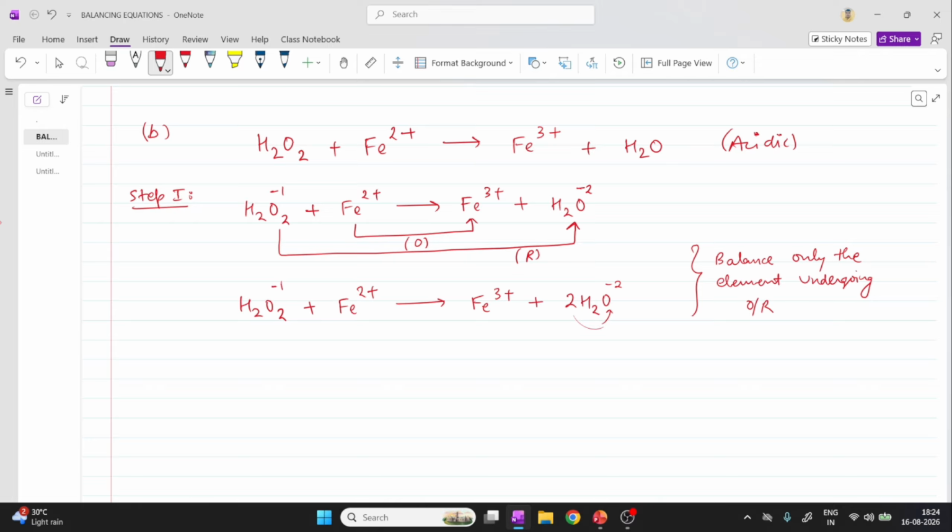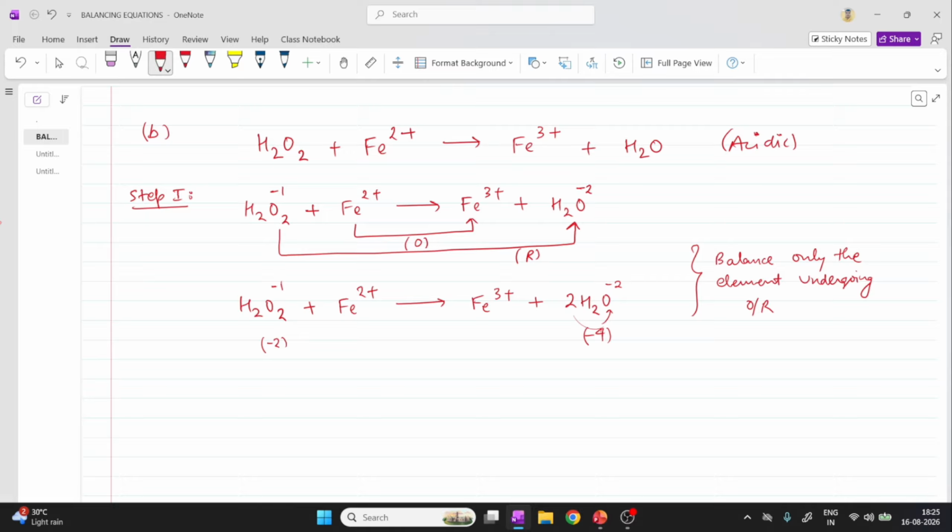Peroxide is -1 and it is multiplied by 2, so -1 into 2 is -2. So this oxygen is moving from -2 to -4. This means the change in oxidation state in H2O2 is from -2 to -4.